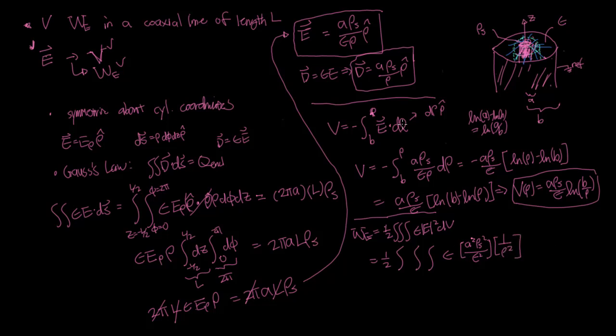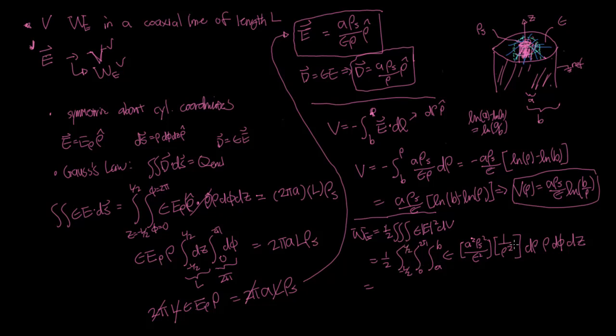And then our unit lengths are d rho, and then don't forget, when you're doing d phi, you have rho d phi, so that it's a unit length. You have dz. And now rho goes from A to B, we're integrating across the entire dielectric region here. Phi goes from 0 to 2 pi, and z goes from minus L over 2 to L over 2.